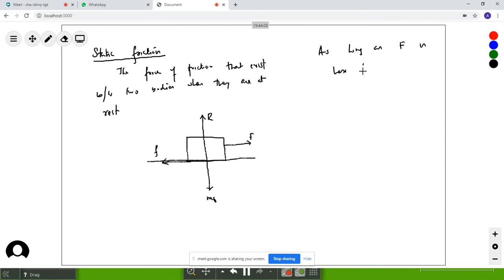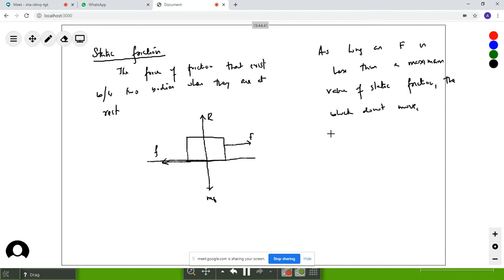As long as F is less than a maximum value of static friction, the block does not move. Okay? The block will not move. Understand?